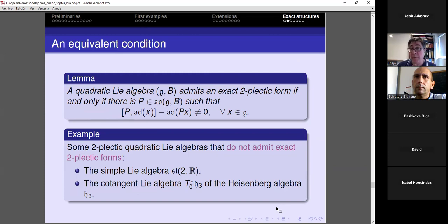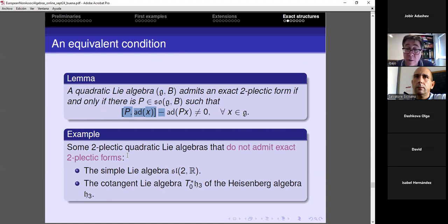There's an element in the Lie algebra of skew-symmetric endomorphisms of g such that verifies that condition with respect to the bracket. Okay, so it's very simple that not every 2-plectic Lie algebra admits exact 2-plectic forms. In small dimensions, for instance, the simple Lie algebra of trace zero matrices does not admit an exact 2-plectic form.